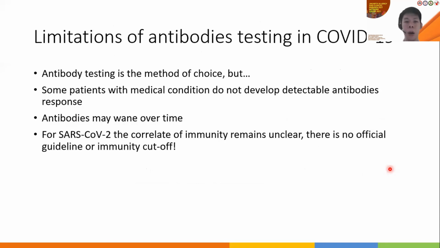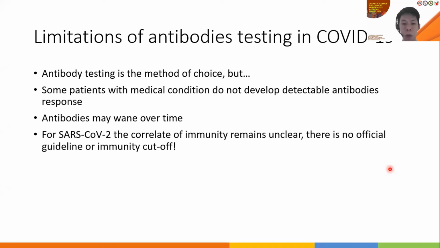Okay, I've talked about antibody assays for the good part of 10 minutes, but I would like to highlight something here. Antibody testing is a method of choice. However, we know that some patients with medical conditions do not develop a detectable antibody response. From Prof. Samsu's slides, we also heard that antibodies may wane over time.